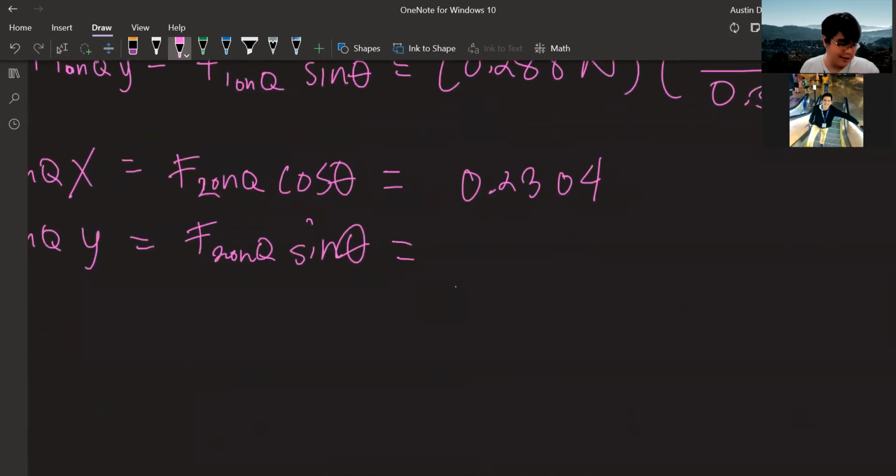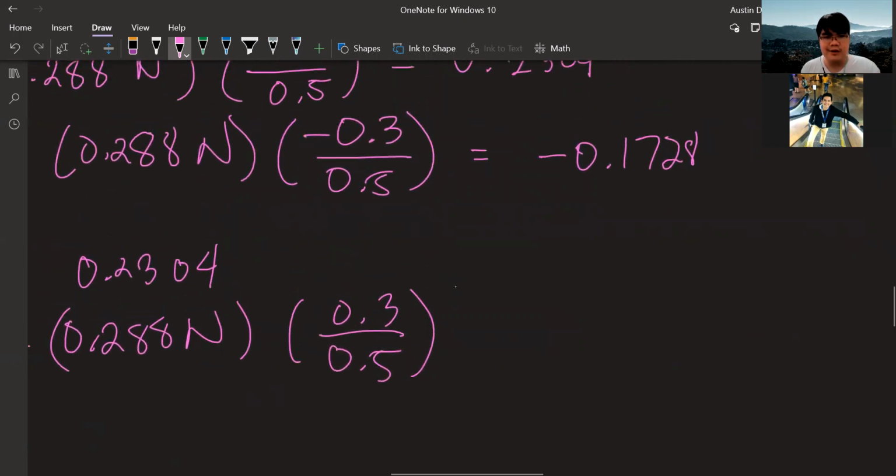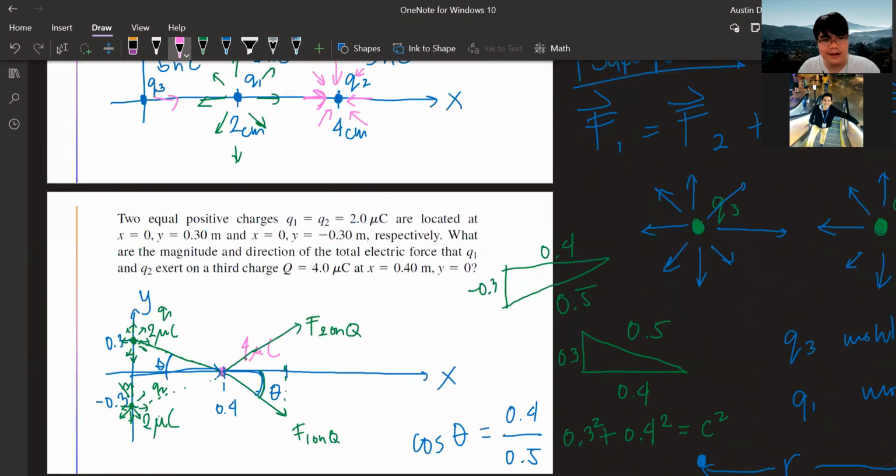And ang mangyayari ngayon is 0.288 newtons times 0.3 over 0.5. Bakit hindi na negative? Kasi going back, ang gagamitin mo na for the F2 on Q would be this height or this opposite.